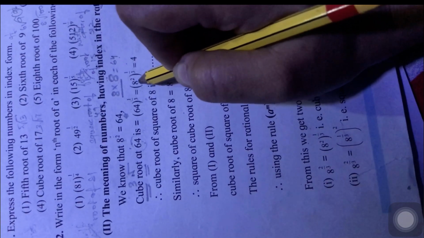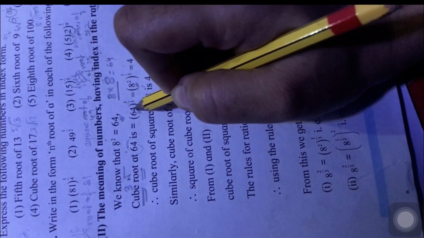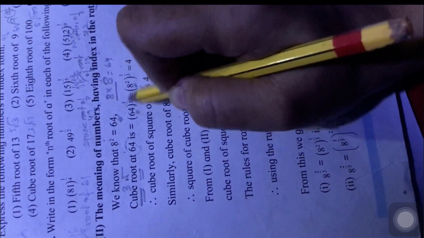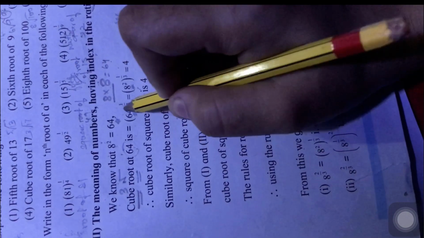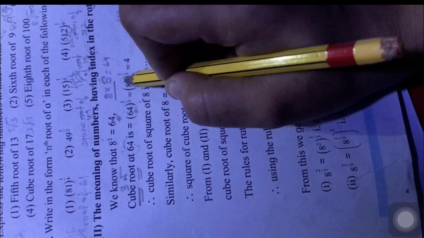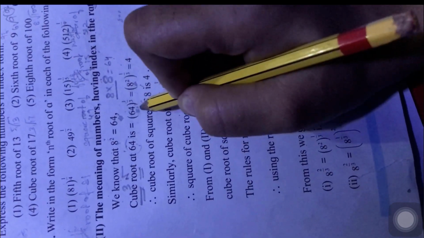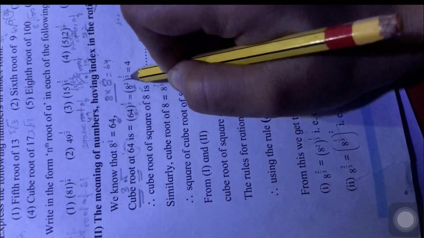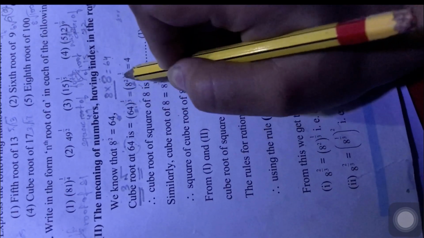Now from where did this 8 square come? It is the square of 8, which is 64, as you know, 8 into 8 is 64. So you can write it this way also, 8 square means 64 only. So 8 square raised to 1 upon 3, that is the cube root, is equal to 4.